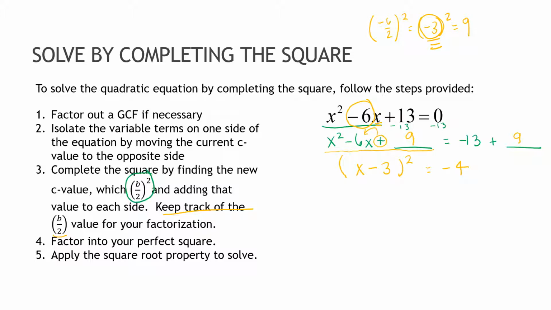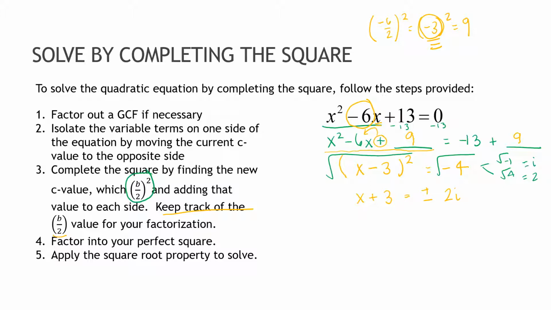And now I'm solving using the square root property, which is just to take the square root of each side, which gives me x plus 3 equals plus or minus the square root of negative 4, which is 2i. So again, you can show that work if you want. We're taking the square root and square root. And this is negative 1 and 4, which is i and 2.